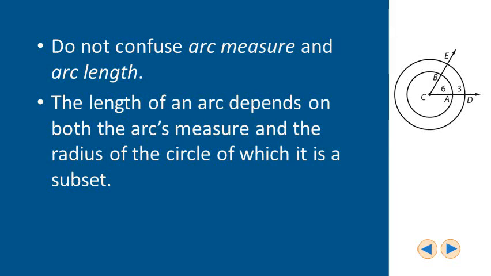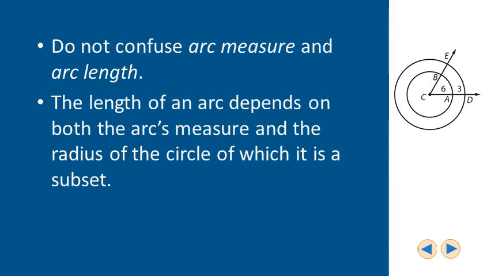So what they're saying here is that arc BA and arc ED are going to have the same arc measure, but just by looking at this picture, you can see that the arc lengths are going to be different because you have a radius of 6 for circle C, and then you have a radius of 9, right? 6 plus 3. And so obviously you're going to have a larger arc length for arc ED.